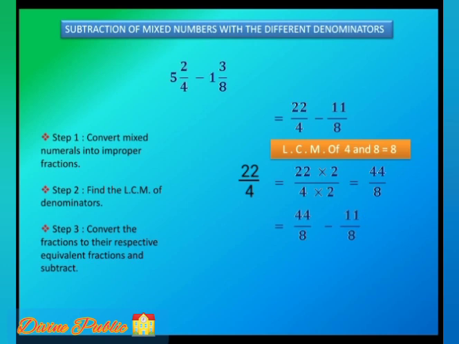So the result will be 44 minus 11 upon 8, which is equal to 33/8. Now finally we will convert our answer into a mixed fraction, that will be 4 1/8.